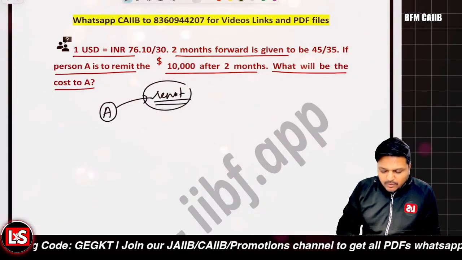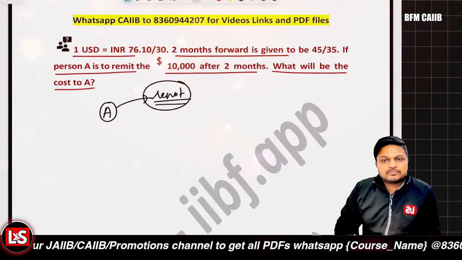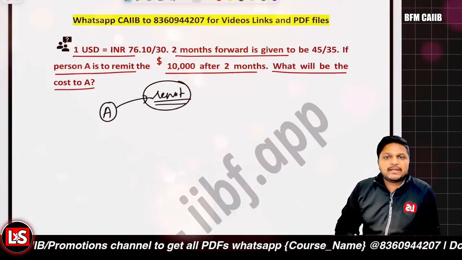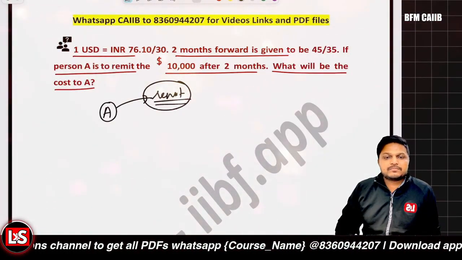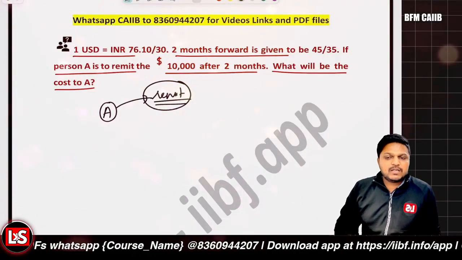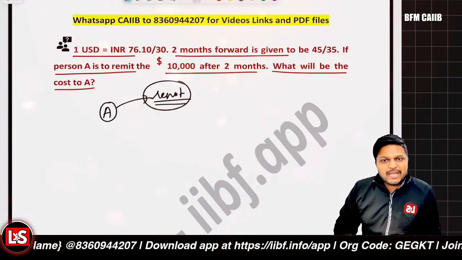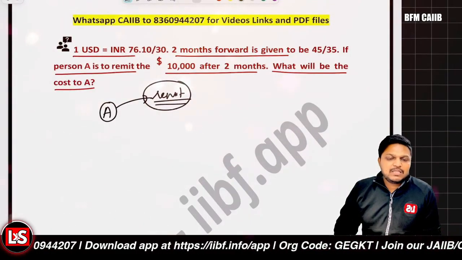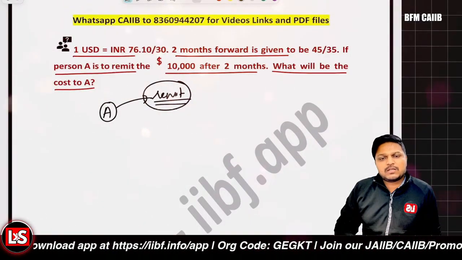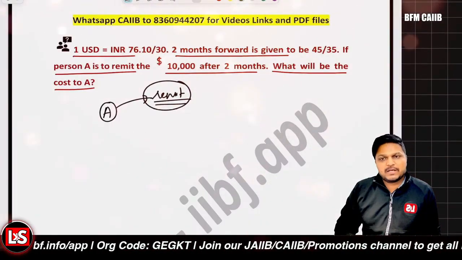You just tell me first of all what rate would be applicable. It will be the bills rate or it will be the TT rate, which will be applicable. Now A wants to remit, but after what time period? Not today. It's after a 2 month period.